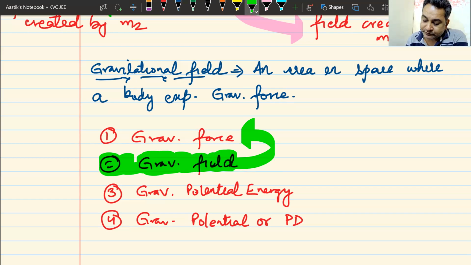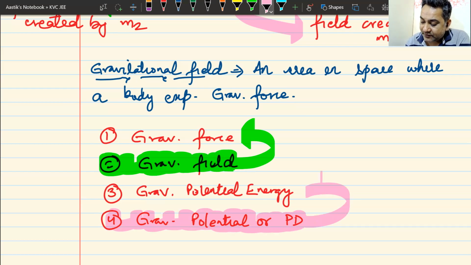First you need to have a field, and once there is a field, you will experience force. Very similarly, gravitational potential and gravitational potential difference are related to gravitational potential energy in the same way.